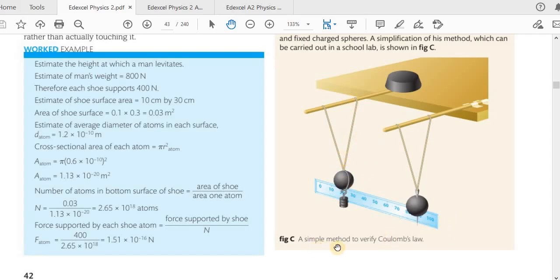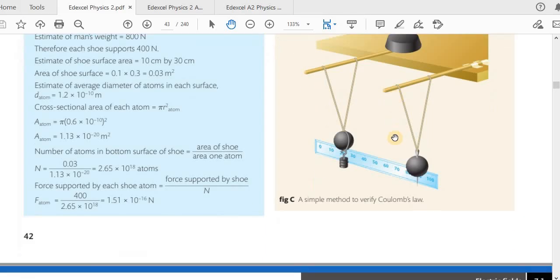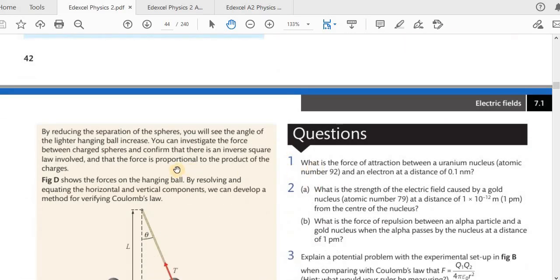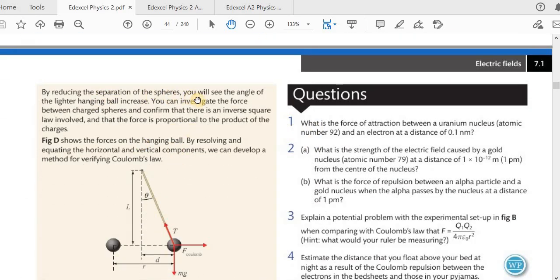So a simple method to verify Coulomb's law. Now you can see this is fixed, this we can move, so we can bring the spheres closer. This sphere is fixed, but this we can move. So this way we can adjust the distance r between the spheres. By reducing the separation of the spheres, you will see the angle of the lighter hanging ball increase.